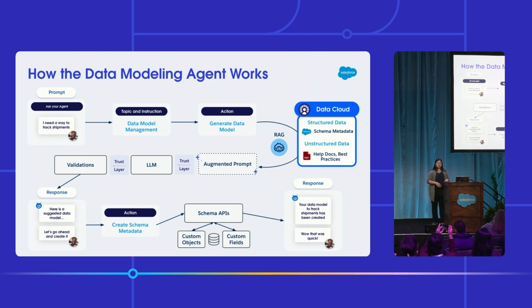This is something that we're still working on, what exactly that Salesforce context is. RAG means retrieval augmented generation. So we're working with Data Cloud. We're trying to see if we could integrate your org's metadata into the LLM as well. Ideally, we would get back a combination of net new custom objects and also existing objects on your org.